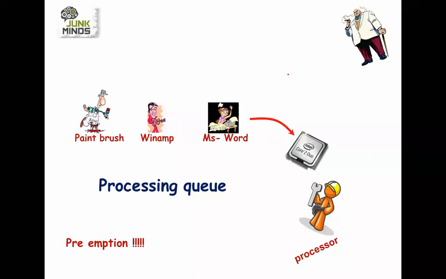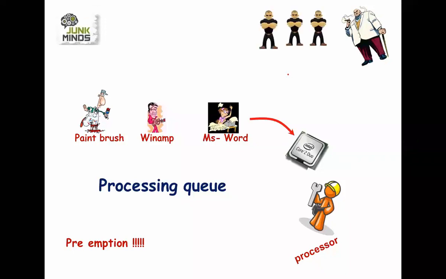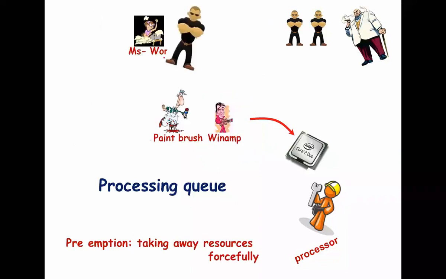The moment the operating system sees that someone is playing some kind of mischief, it has some bouncers, the Gunda types, with it. Suppose MS Word is playing mischief and not following the rules. The operating system would send someone from these guys. They will come, snatch away the processor, snatch away the resources forcefully from this particular thread, and take this thread outside this particular queue.